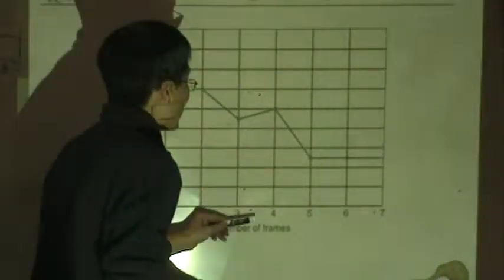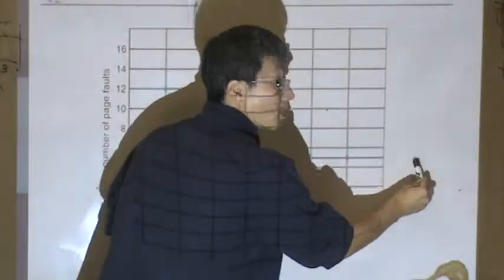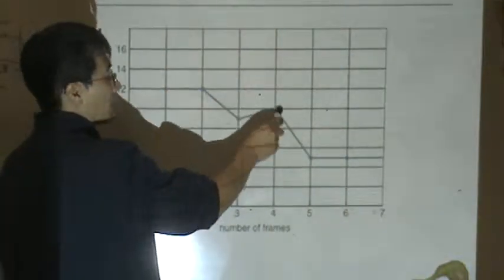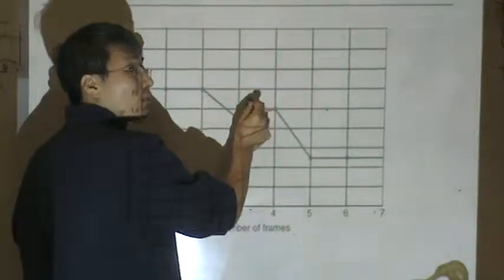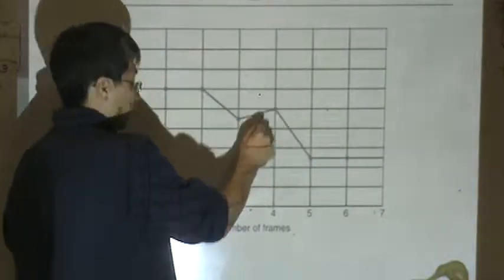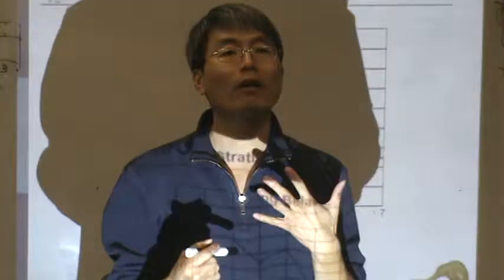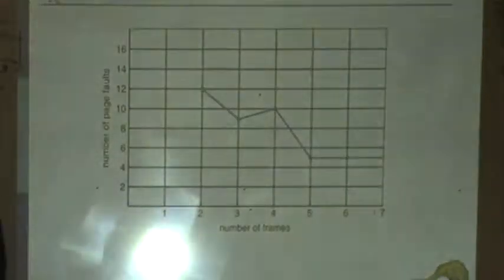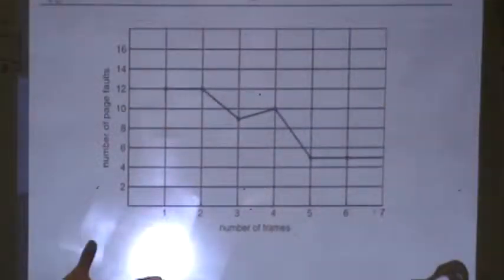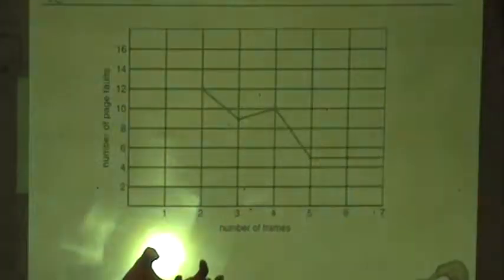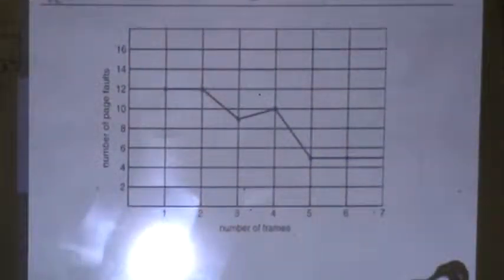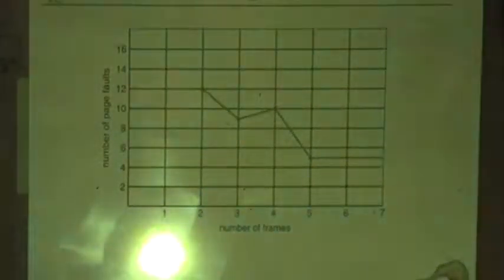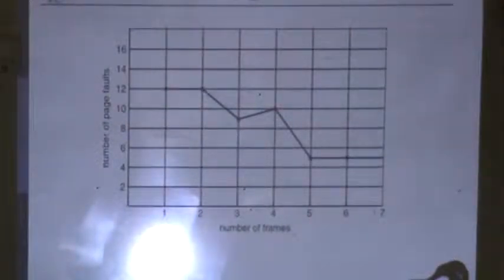The number of frames, eventually it will be like this. At a certain point you may see the abnormal situation. Abnormal, that is Belady's anomaly, because of the wrong page replacement algorithm, or you didn't consider the pattern of the page reference.